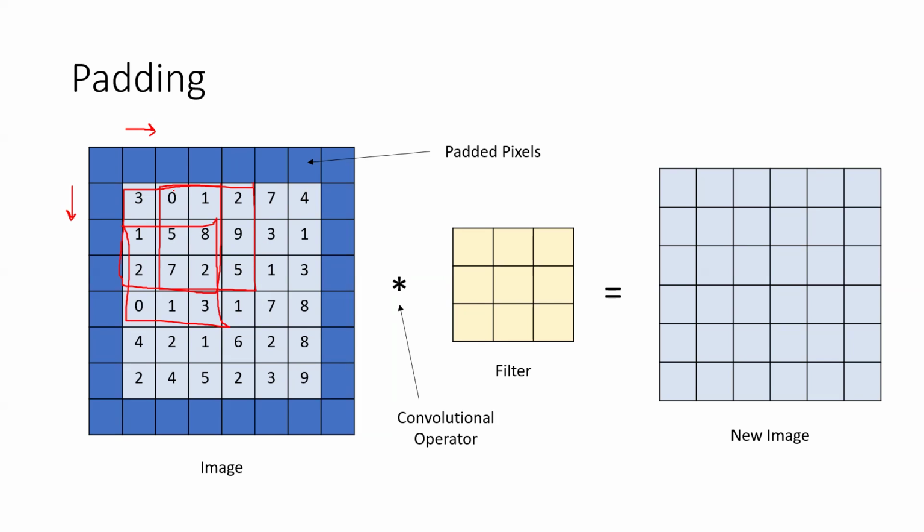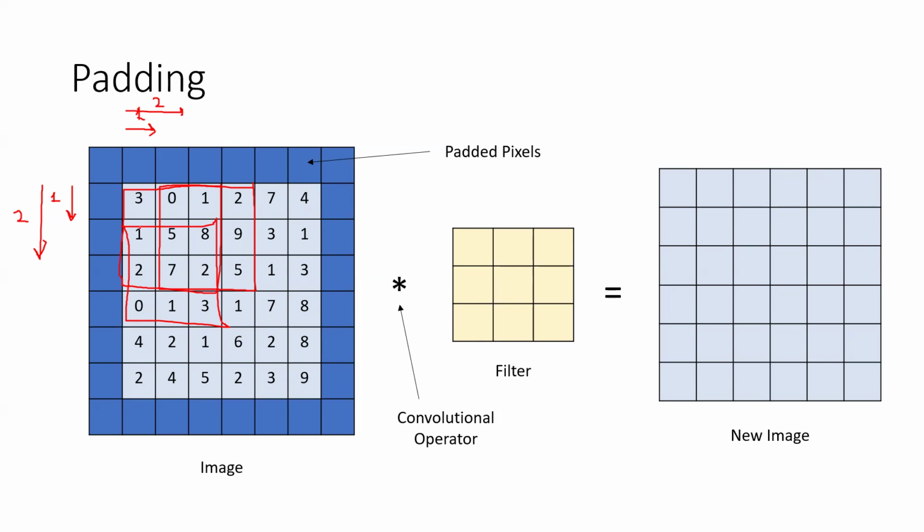So actually this number 1 of shift is not a mandatory number, right? You can actually pass two pixels at a time when you are moving your filter to the right or to the downside, right? It can be 2, it can be 3, or any number of pixels when you are moving to the next convolutional operation, right?